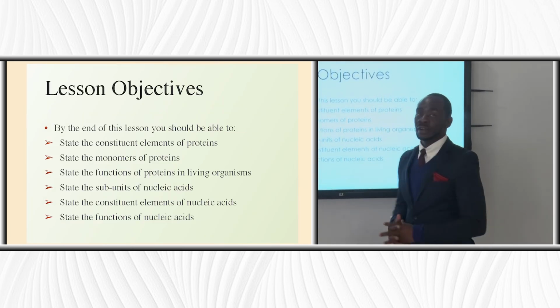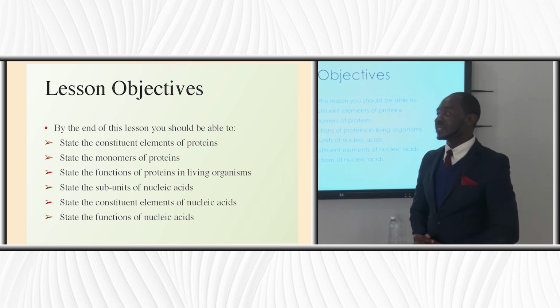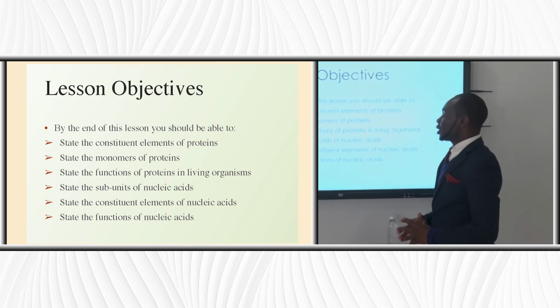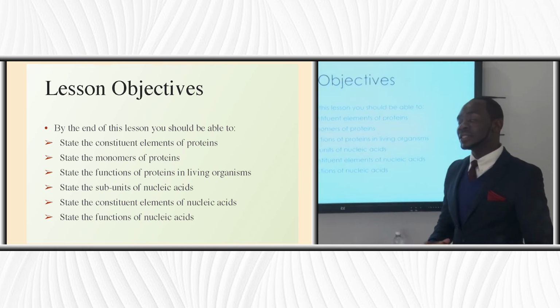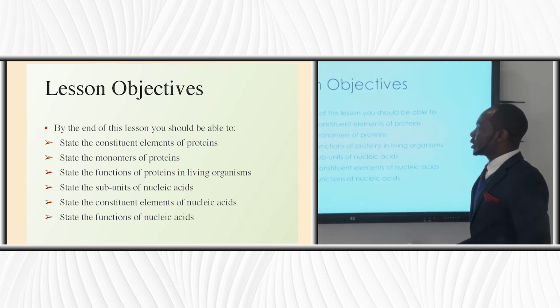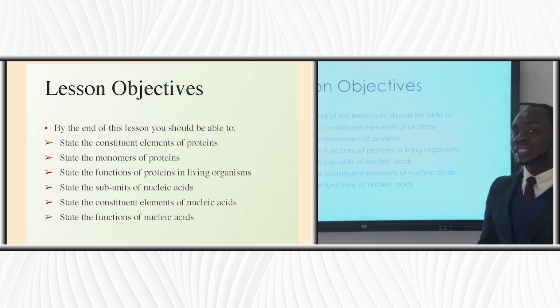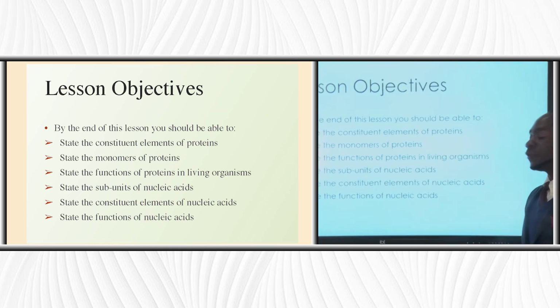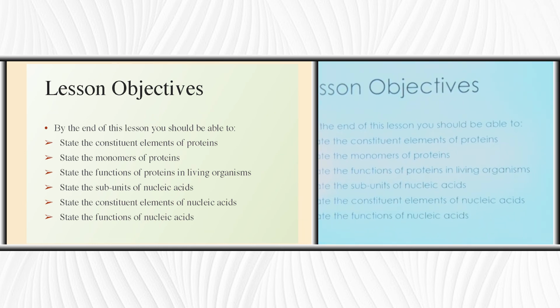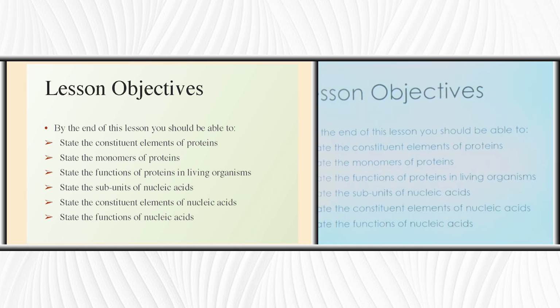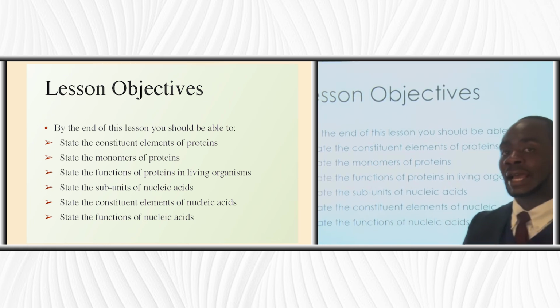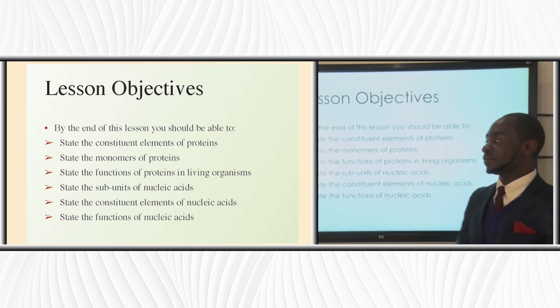By the end of this lesson, you should be able to: 1, state the constituent elements of proteins; 2, state the monomers of proteins; 3, state the functions of proteins in living organisms; state the subunits of nucleic acids; state the constituent elements of nucleic acids; and state the functions of nucleic acids in living organisms.